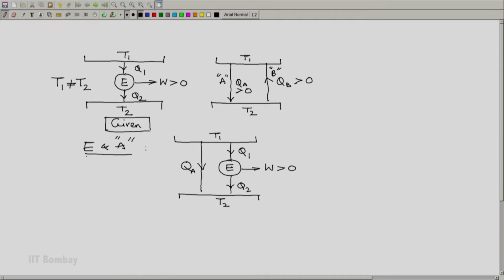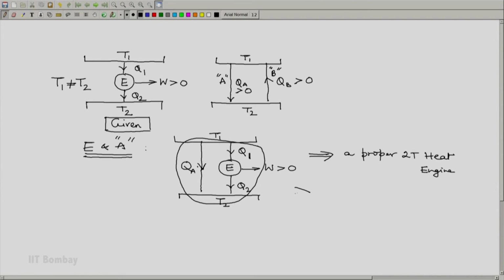Just now we are considering the combination E and A, and you will notice that even if you combine these two processes, we still have a proper 2T heat engine, because Q1 is positive and QA is also positive.